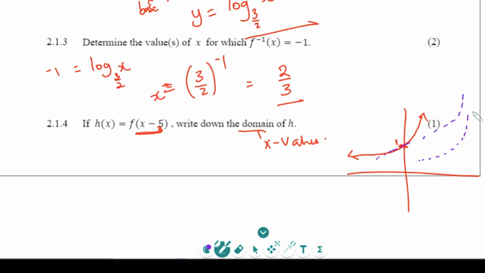However much you shift this graph horizontally, nothing is going to change about the x values. So the x values for this will be all the real numbers. So x is an element of the real numbers, which means all the x values, whether positive or negative, will satisfy that graph. Okay, that is 2.1.4.